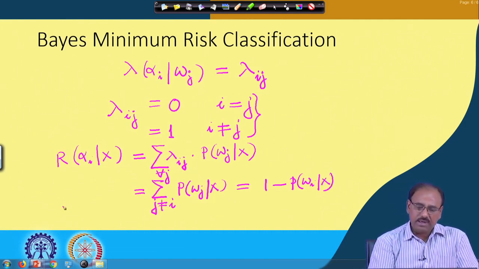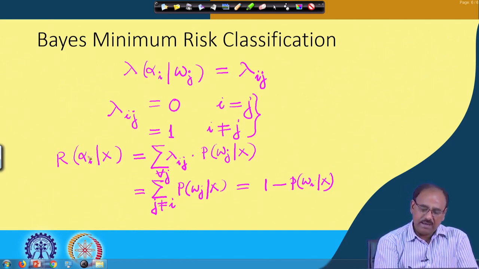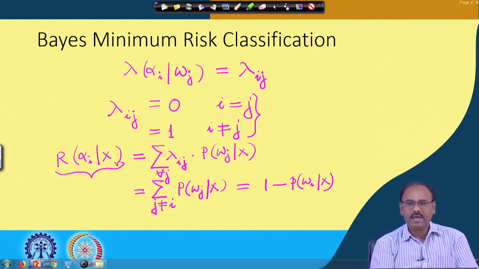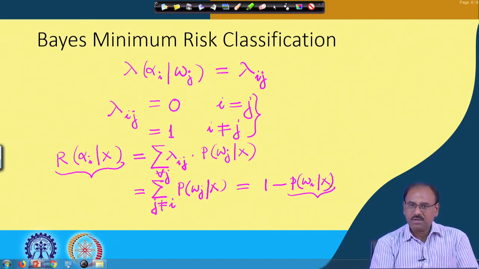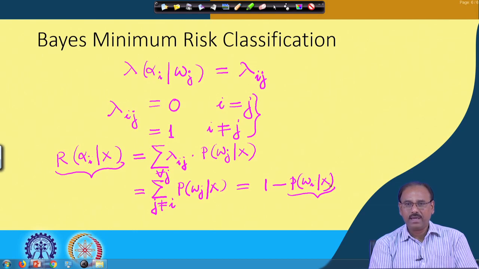Now, what we wanted in Bayes minimum risk classification is to take that particular action alpha I for which R of alpha I given x is minimum. In Bayes minimum error classification, we wanted to classify x to that particular class for which p of omega I given x is maximum. Now, if you look at this expression, R of alpha I given x is equal to 1 minus p of omega I given x.